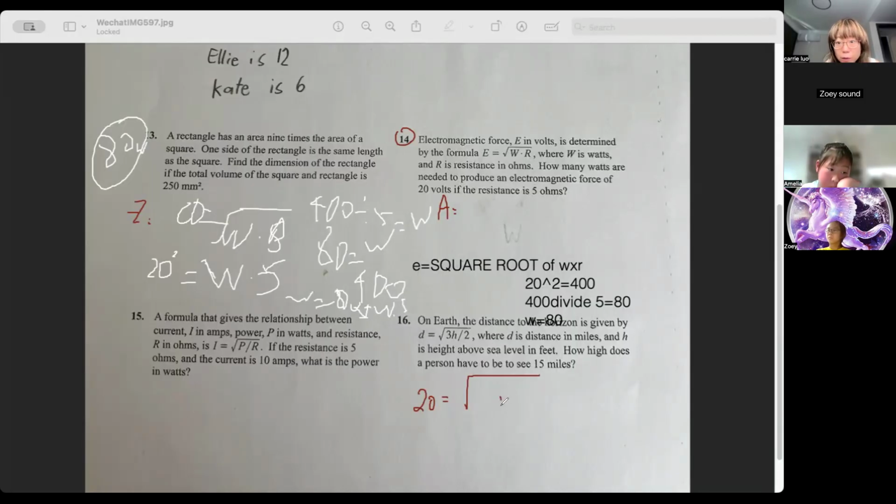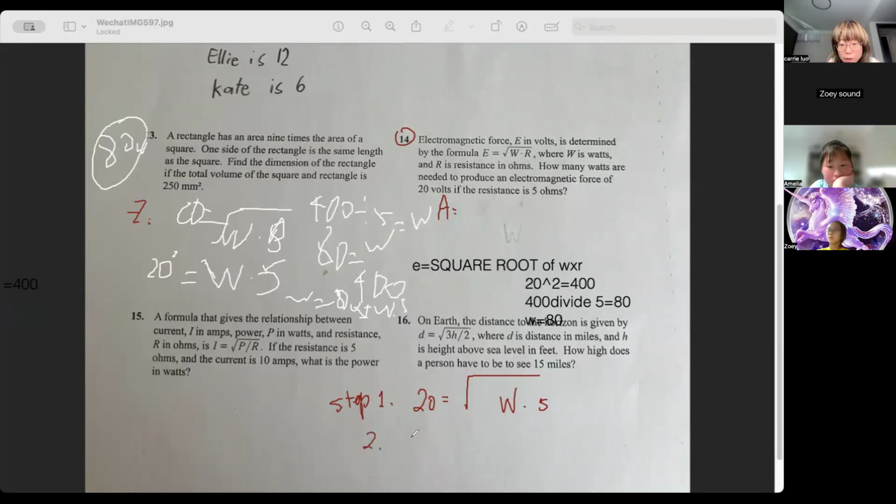Do we know the watts? We don't know, but we know the resistance. This is step one.